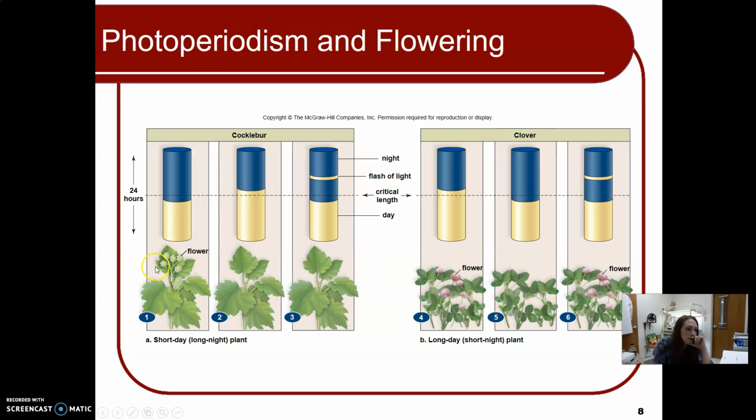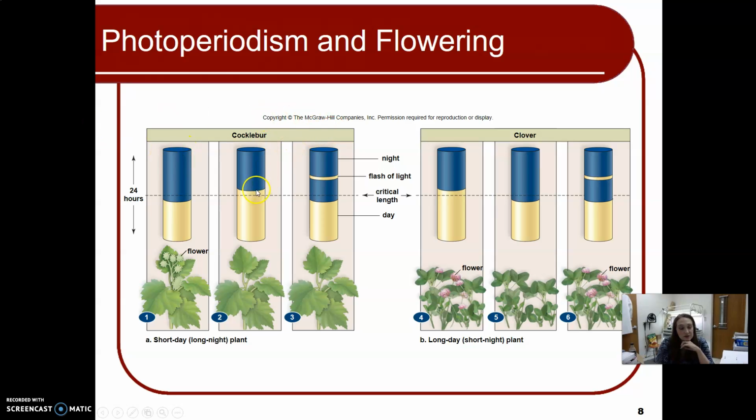What they're actually using to determine when to flower is the amount of nighttime. There's a critical length of nighttime. These short day, or long night, plants need a critical amount of darkness, an extended period of darkness.